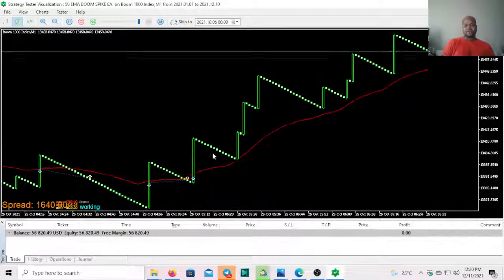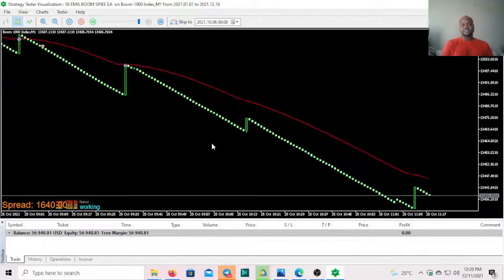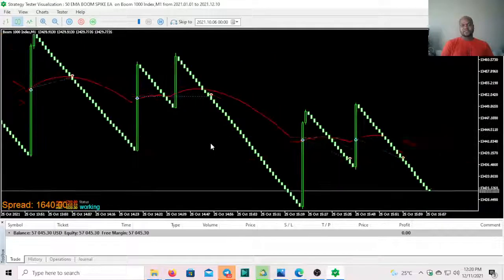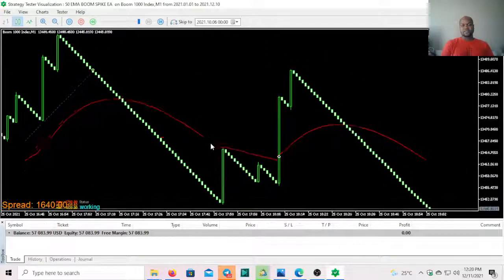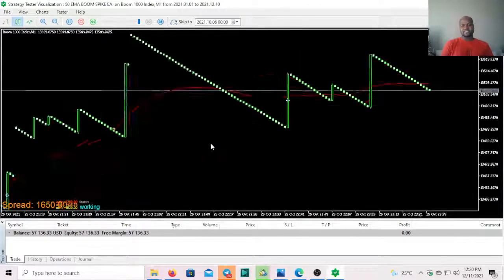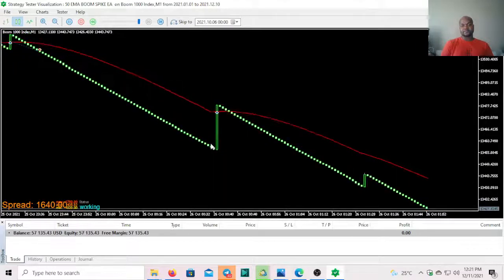And if you've observed, in most cases, once there are spikes, more spikes will come. If there was a downtrend and now there are spikes that are breaking this resistance, then you will know that more and more spikes will come.